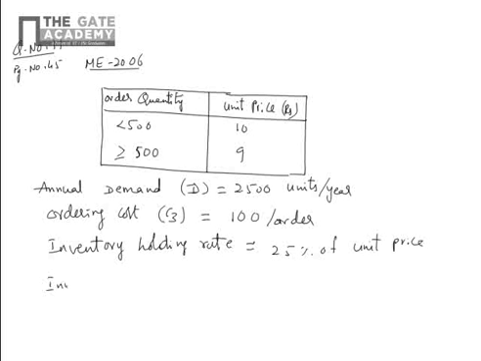So inventory holding cost is 25% of unit price. What is unit price? Whatever value you take for calculation of economic order quantity. Suppose if you take 10, then it is 10.